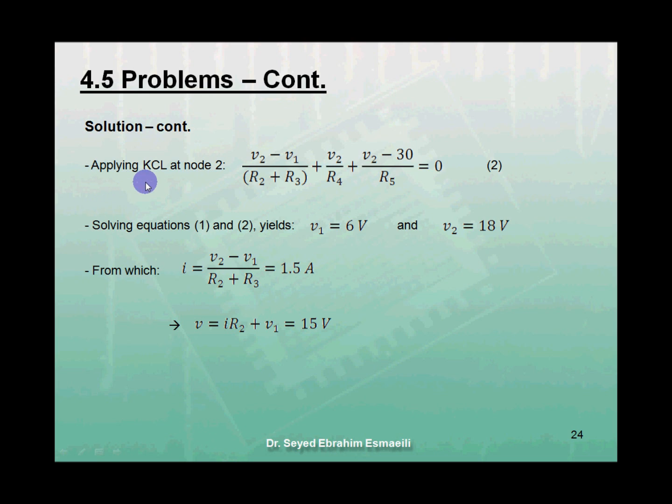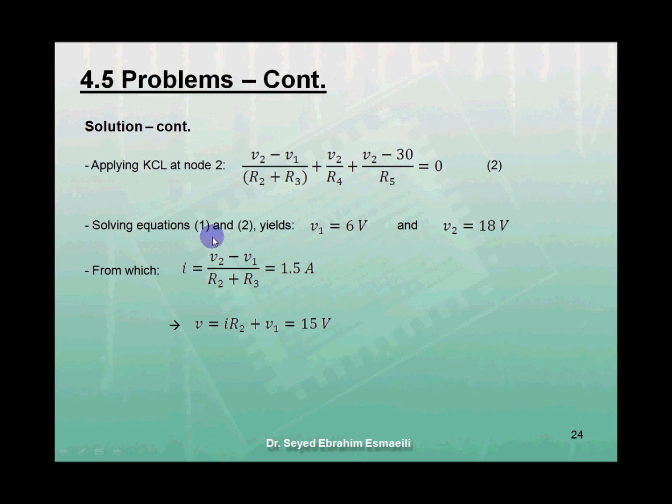Applying KCL at node 2 yields (V2 minus V1) over (R2 plus R3) plus V2 over R4 plus (V2 minus 30) over R5 equals 0.